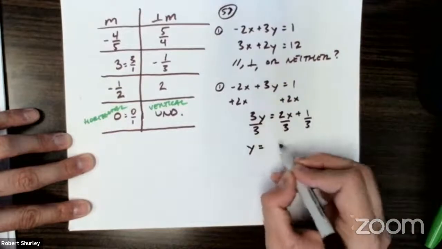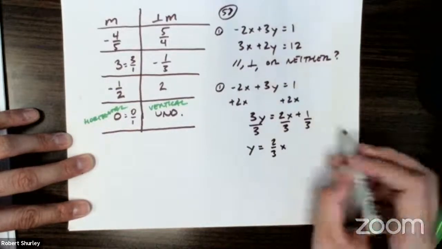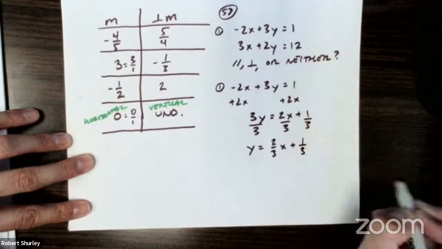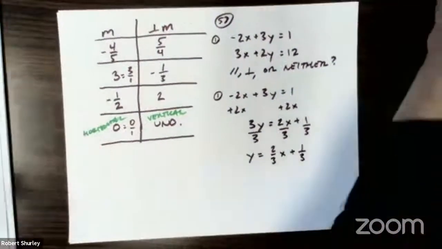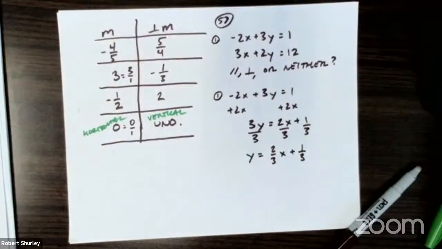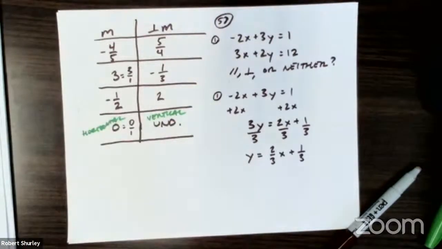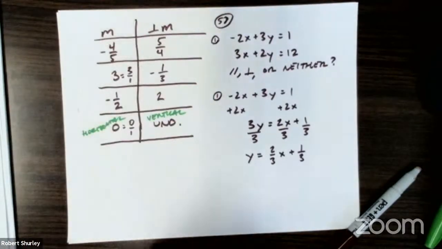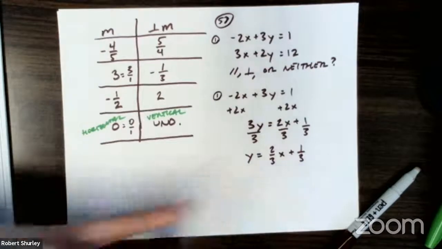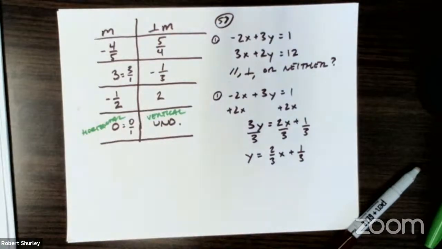And I wind up with y equals 2/3 x plus 1/3. I know I kind of zoomed through that, but we did an example of that earlier. Now look, for this one, we know the slope is 2/3. We know the y-intercept is 1/3. Now for parallel, perpendicular, and neither, we don't need to worry about the y-intercept. That's not a big deal, okay?